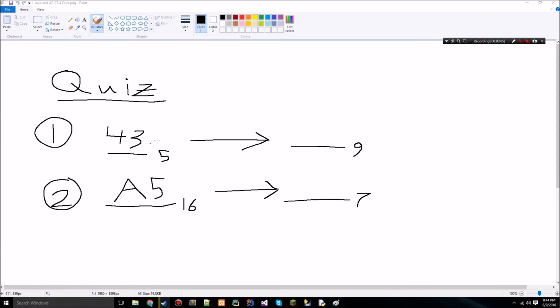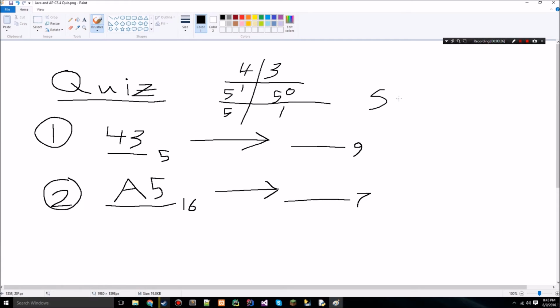So we got 43 base 5, so let's go ahead and make our chart. 43, and then we got 5 to the first, and we got 5 to the 0. Those evaluate to 5 and 1.